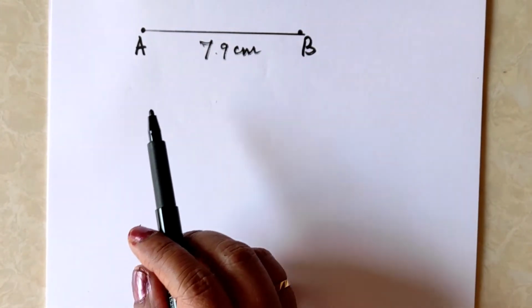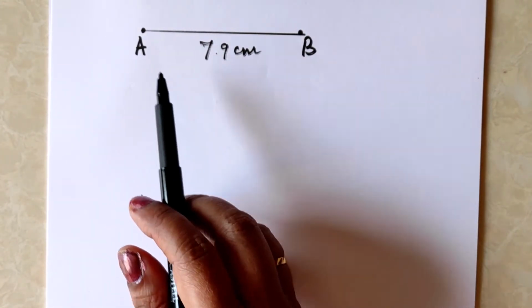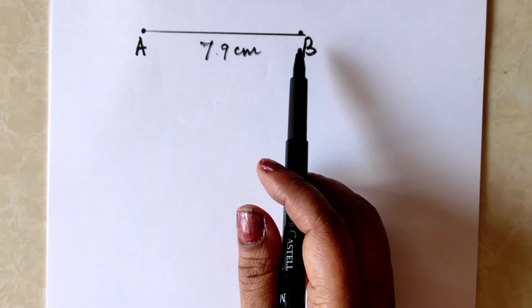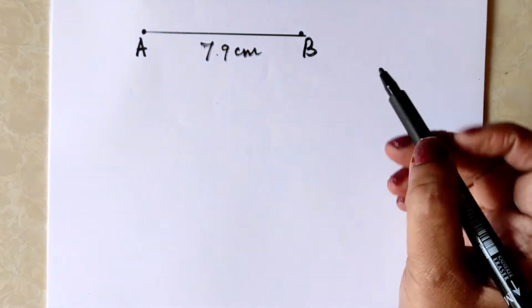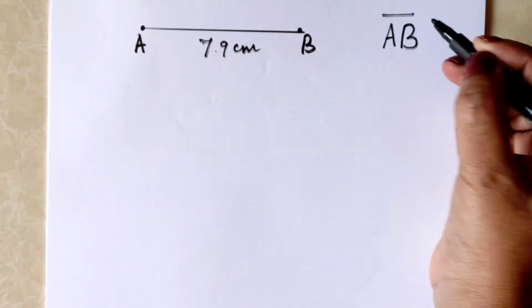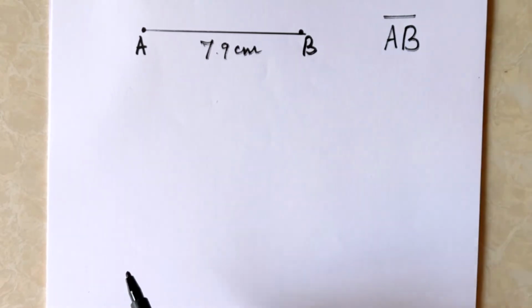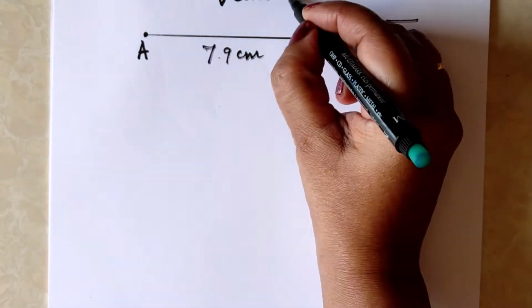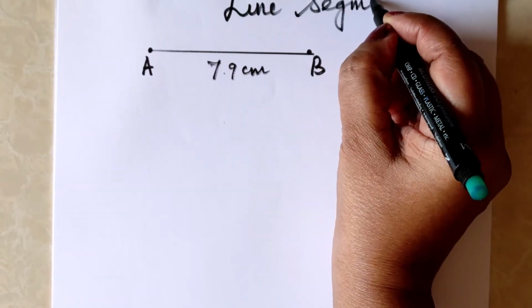That means the points A and B are the end points of this line, and it is denoted by the symbol AB, line segment AB.